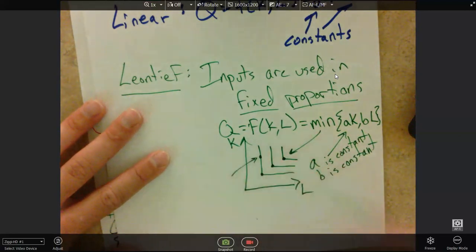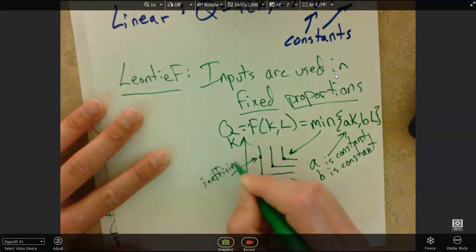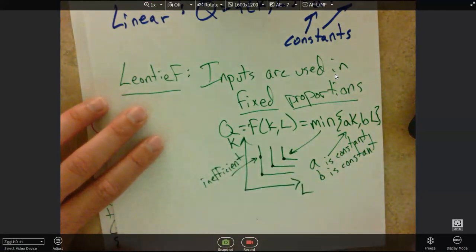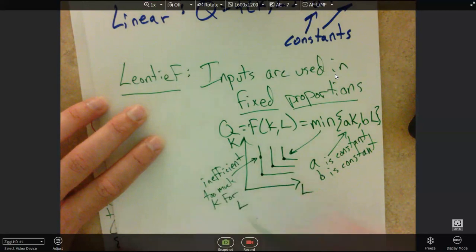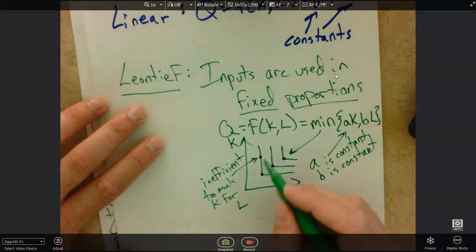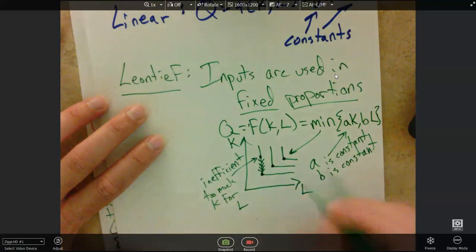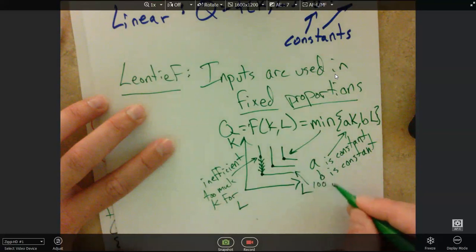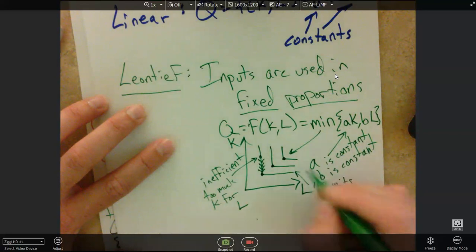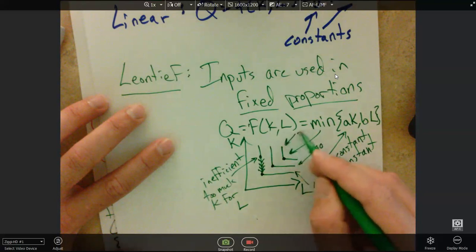If you were at a point like this, it would be inefficient, because you need things in fixed proportion. You would have too much capital for the labor that's provided, and so you would decrease your capital and go down to this point. Because each one of these is producing 100 units, this is producing 200 units, this is producing 300 units.